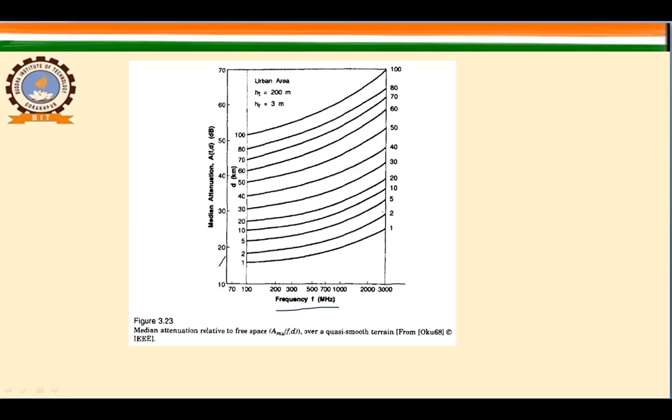So when we draw the slope on this line, we get the actual values of G(h_te) and G(h_re). So, the Okumura path loss model.